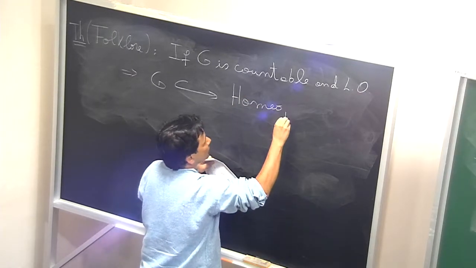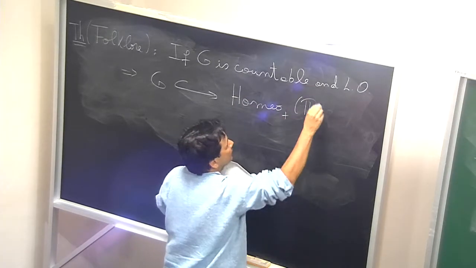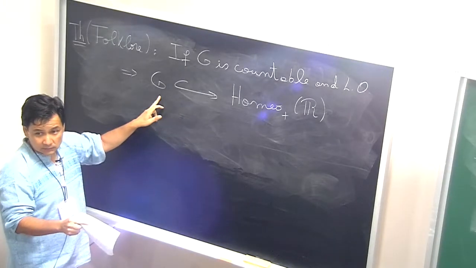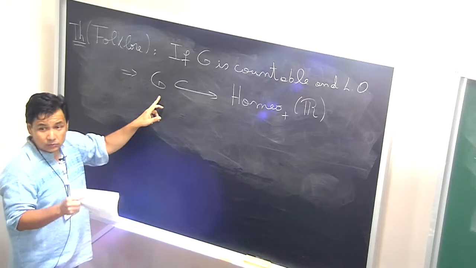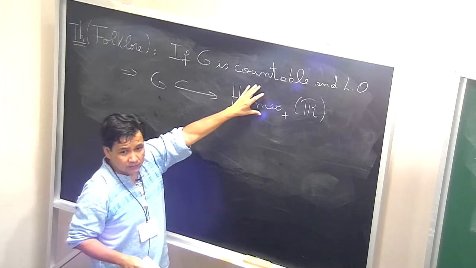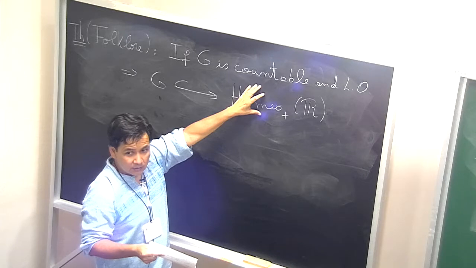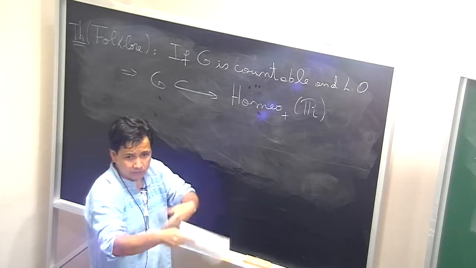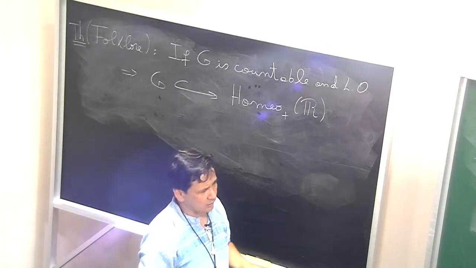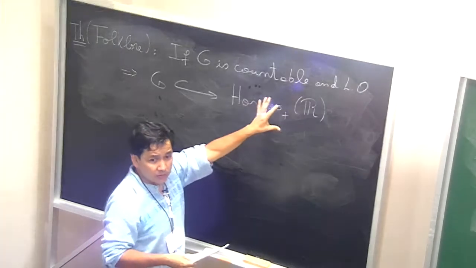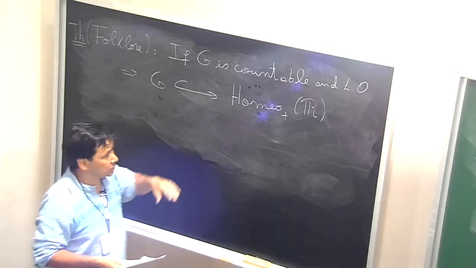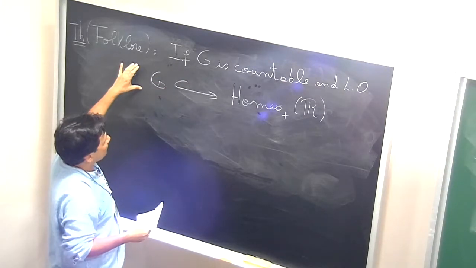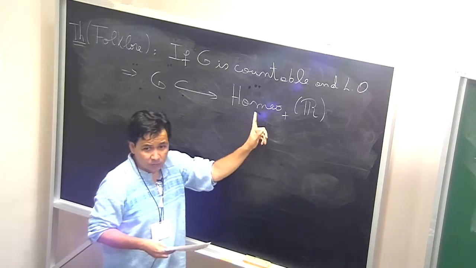But actually you can do better. You can embed your group in the group of homeomorphisms of the real line. Which is quite useful because here you get continuity. That way you get order preserving maps, and you have to start working in a combinatorial way. But here you get continuity, and this is quite useful to study certain groups. So if G is countable, then G embeds into the group of homeomorphisms of the real line.